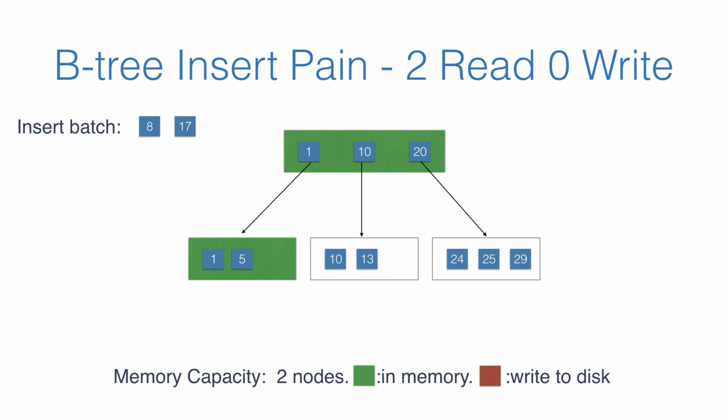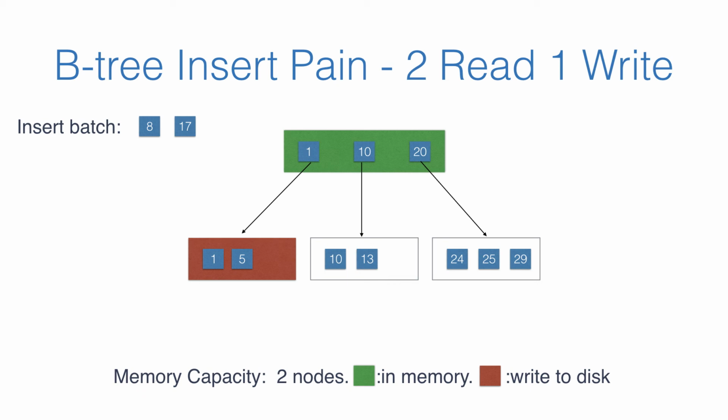Now, I told you that bad things happen when the B tree can't fit in memory. So in this example, I'm going to pretend that my memory capacity is 2 of these nodes. So when I insert the next number, which is 17, I need to insert it into the center leaf.